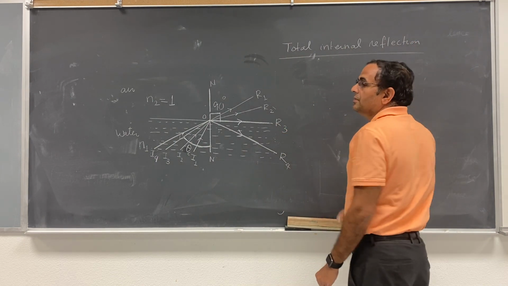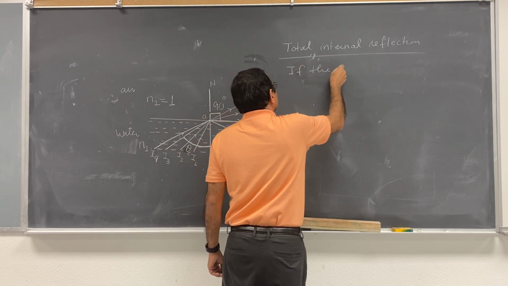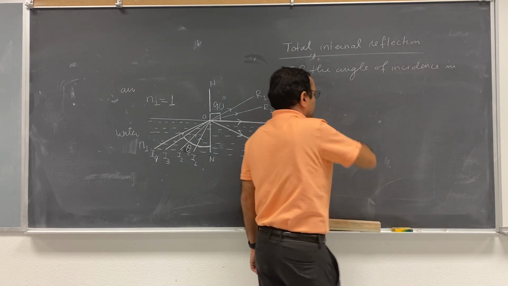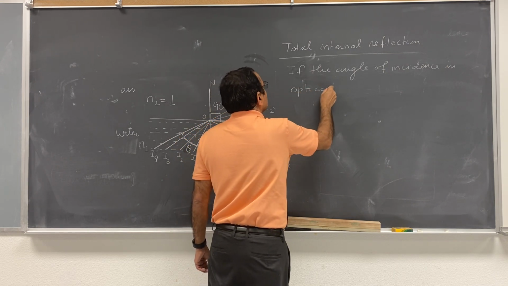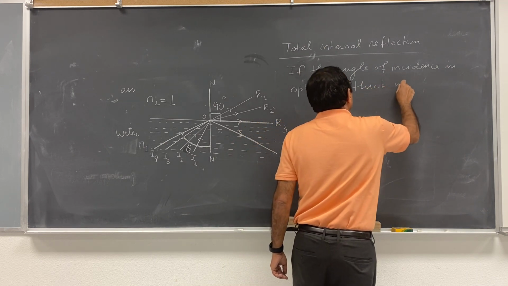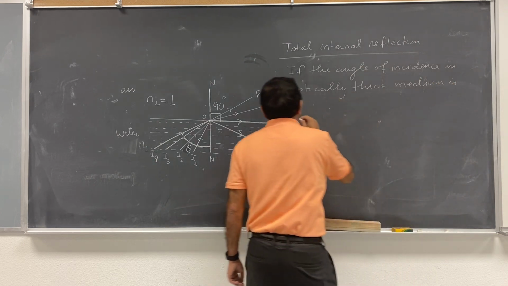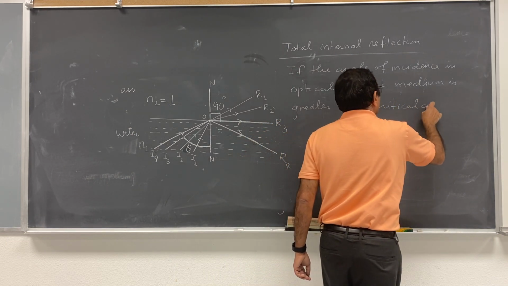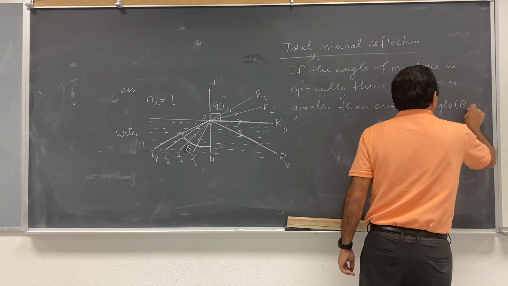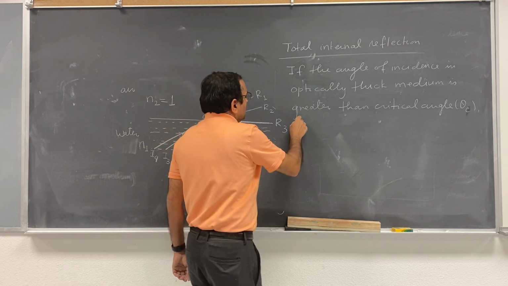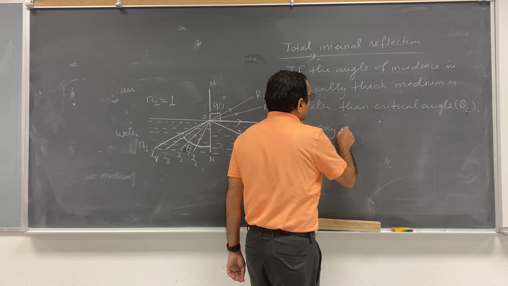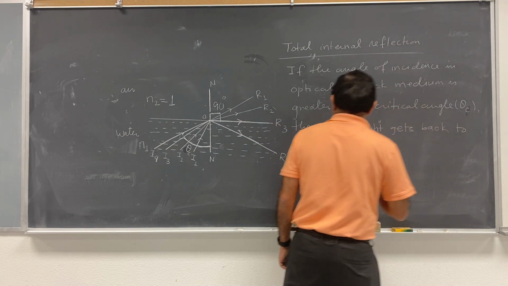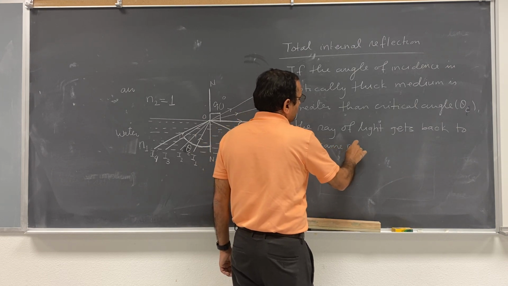If the angle of incidence in the optically thick medium is greater than the critical angle, theta c, the ray of light gets back to the same medium, that means the optically thick medium.